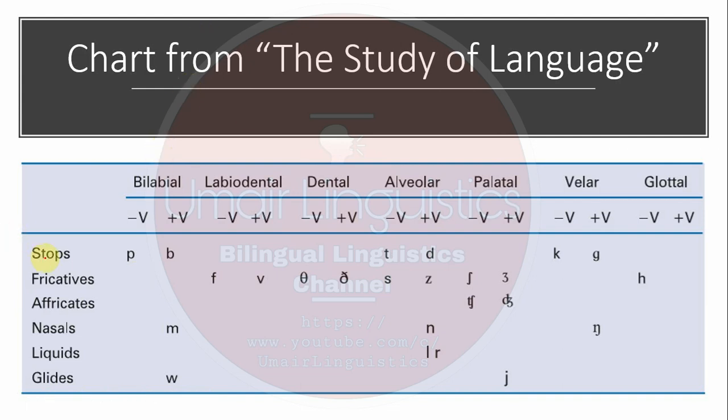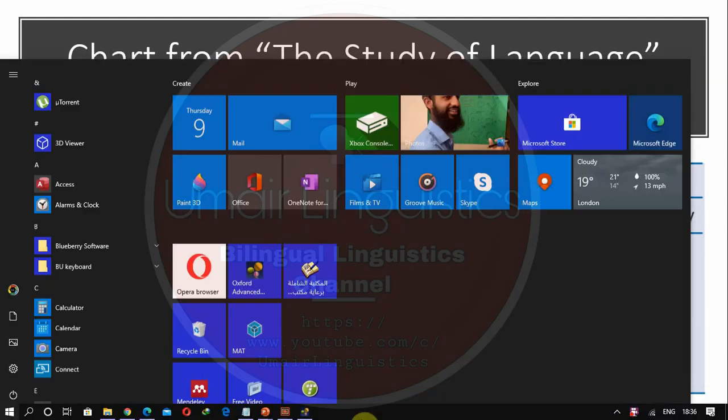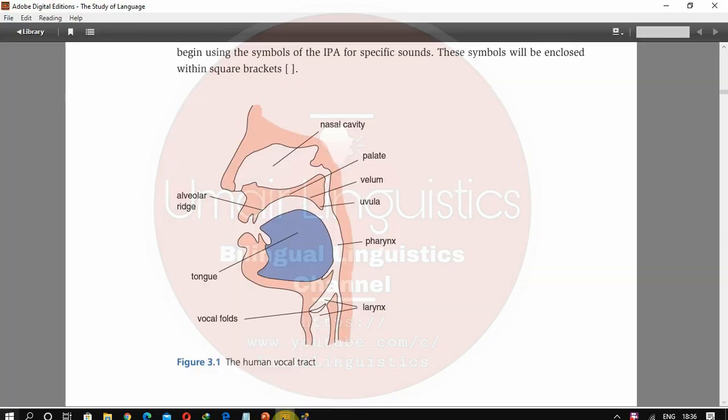Here at the top we have bilabial, labiodental, dental, alveolar, such sounds, and on the left side we have the manner of articulation, which we shall discuss in the incoming lecture. However, let me show you the table from the 7th edition as well.